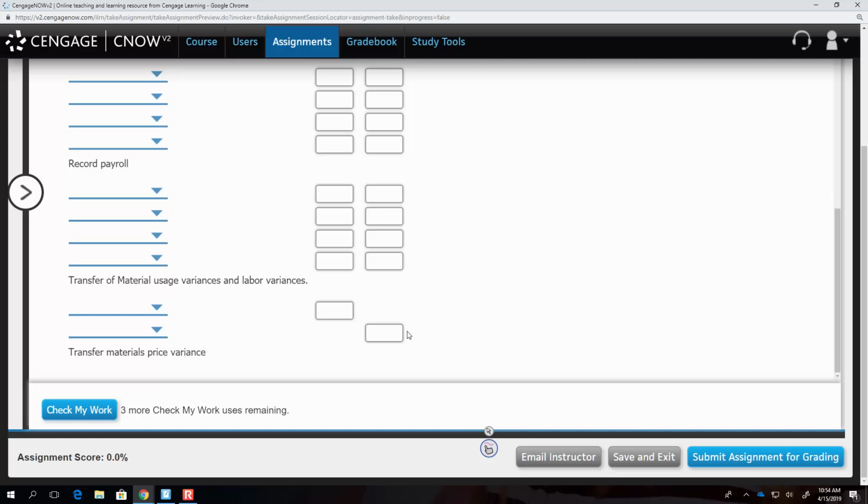These are the closing entries. The transfer of the material usage variance and labor variance goes to what account in the closing entry? What am I debiting and crediting to close them out? Pardon? Cost of goods sold, yeah. That's what they're talking about in the last 2 entries.